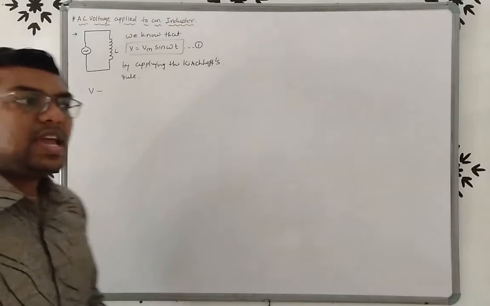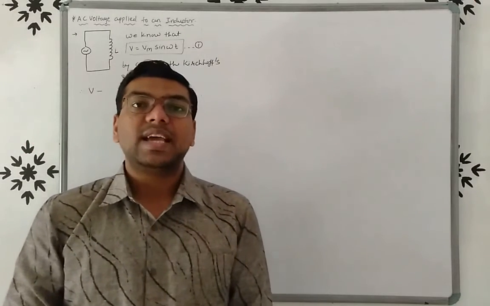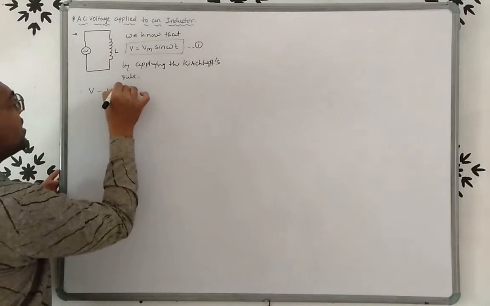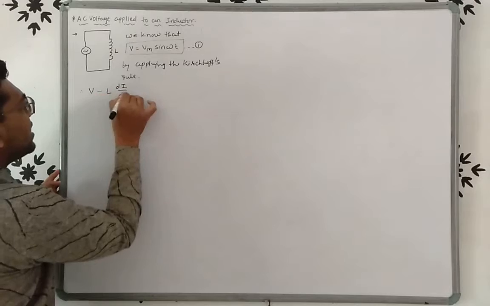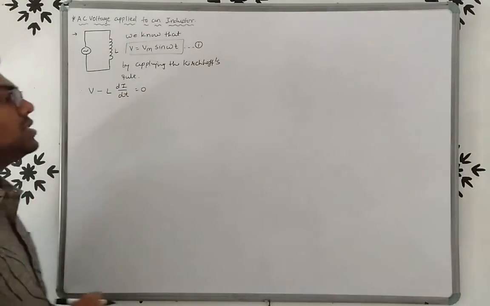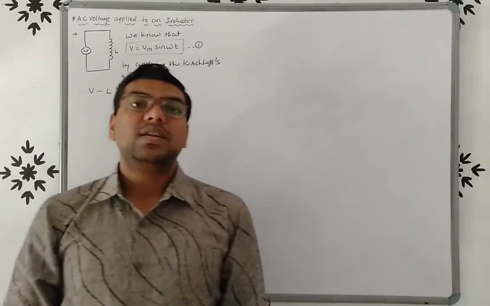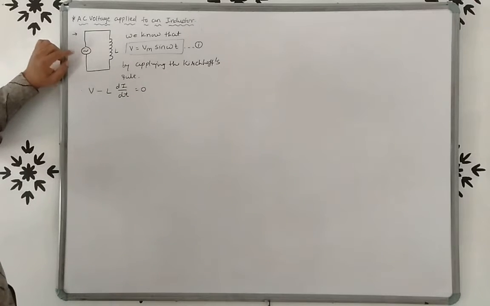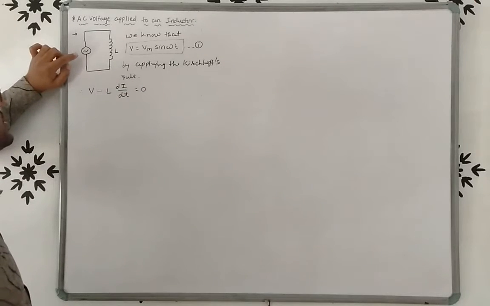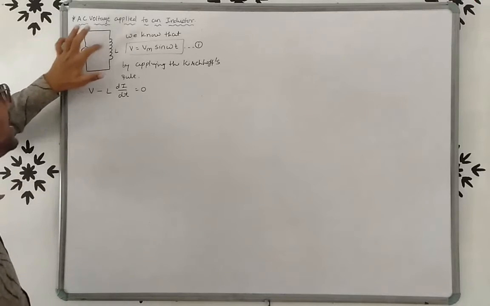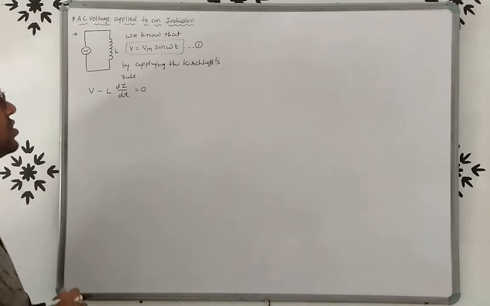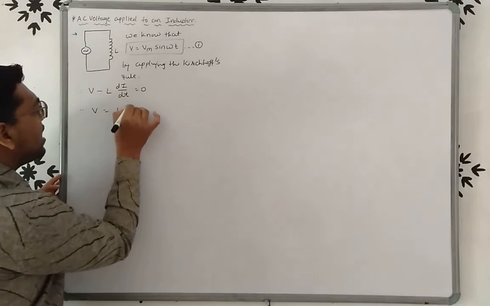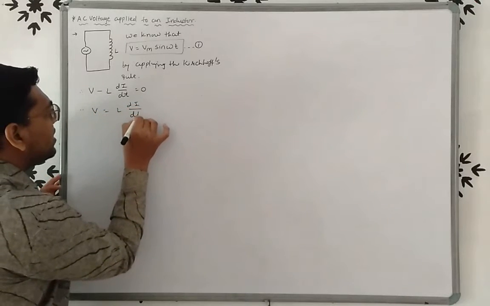We know that EMF is equal to minus L di by dt, right? So here V minus L di by dt is equal to 0. This is the source having potential V. So V is equal to L di by dt.